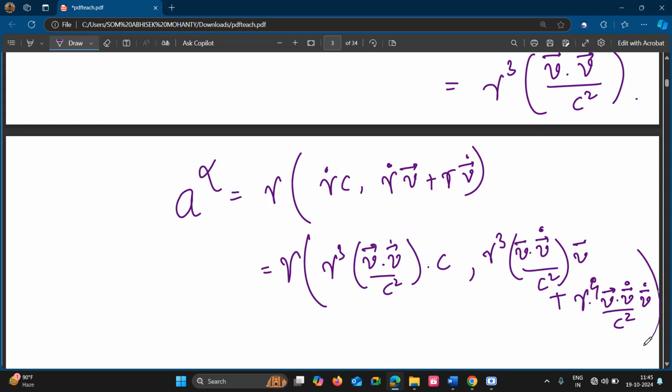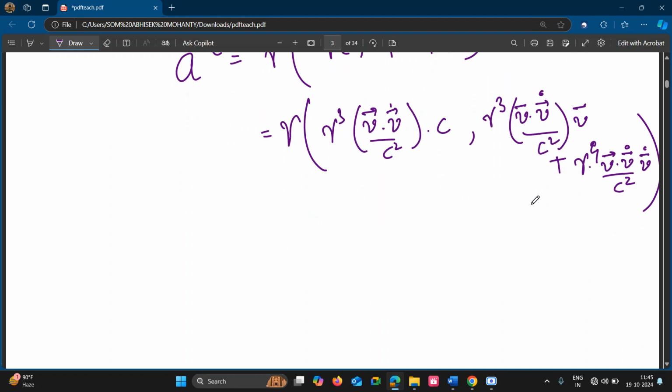All right. So what will come of this? This is c. So if I write final expression, I will get what? C v dot v will become like what?